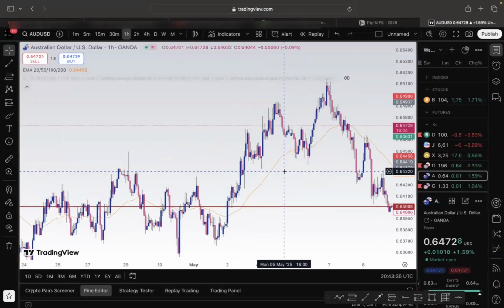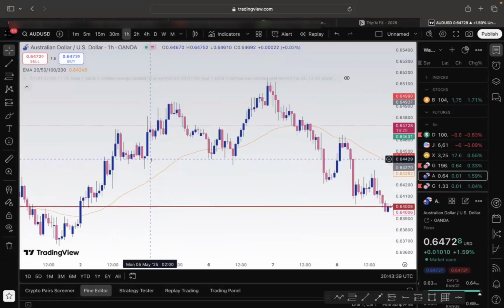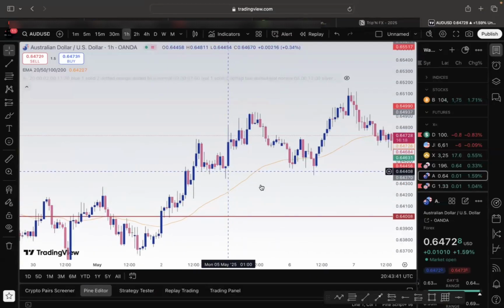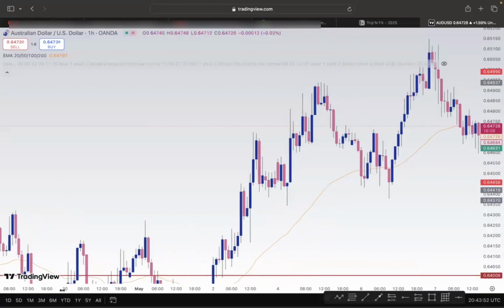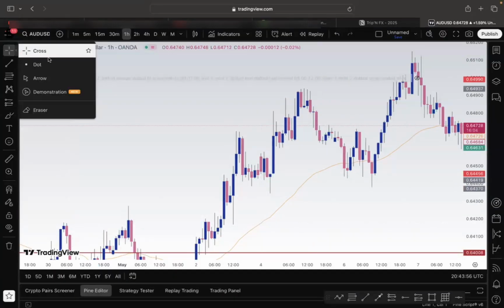So let's go into the charts. Look at the evening star and the morning star. We've even identified the bullish pin bar here. Let me open the chart. So we're on the Australian dollar against the US dollar chart, and this is the candle we are looking at.